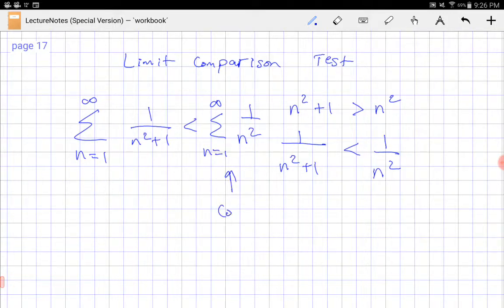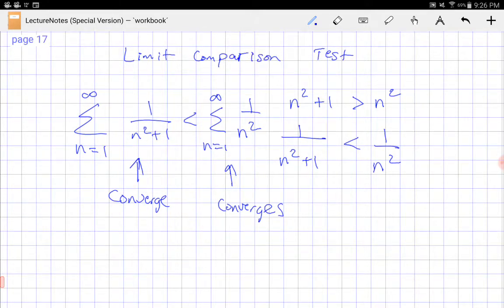And since we know this converges, we also know that this will converge, because this is a larger series, and if the larger series converges, then the smaller series must also sum to some finite number.